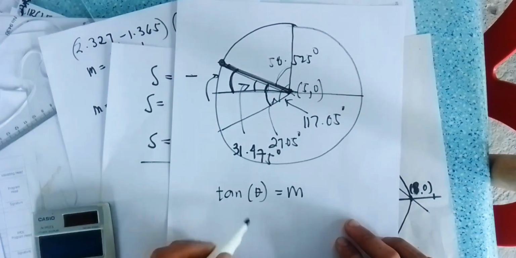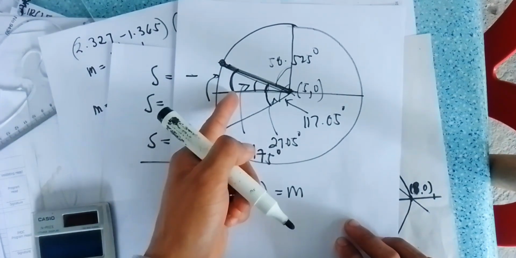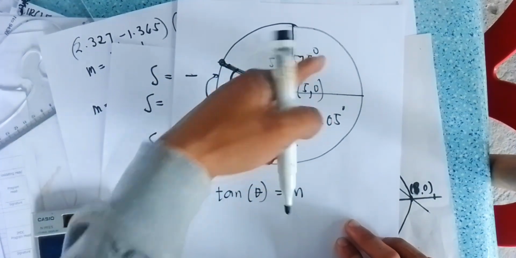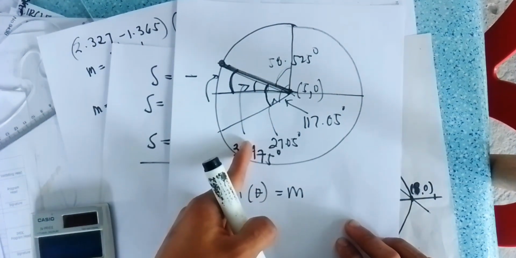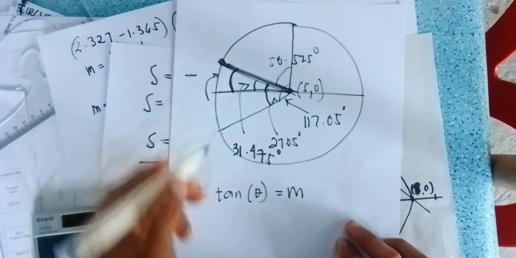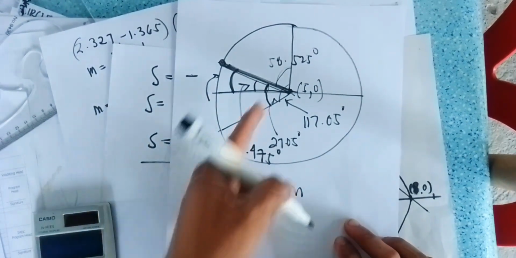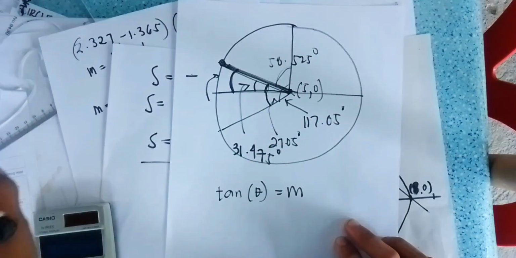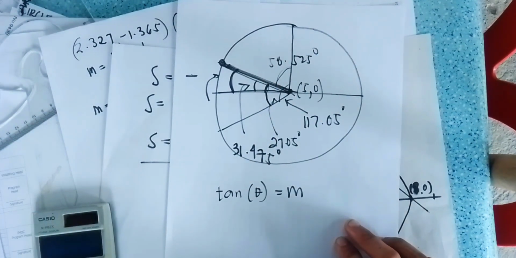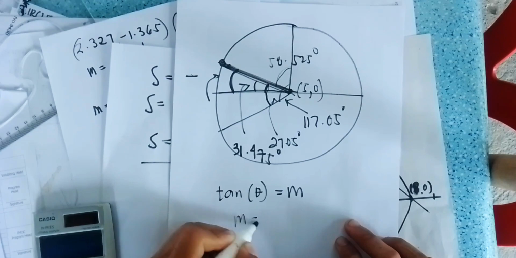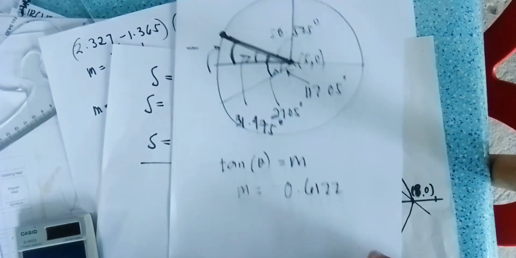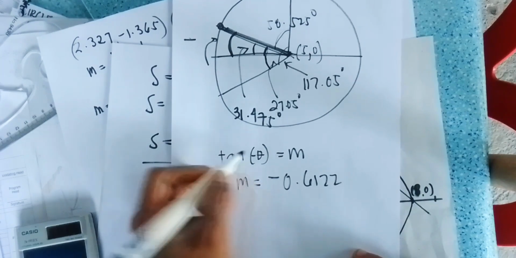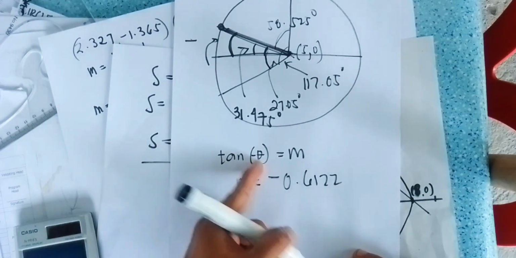Since it goes against the positive direction, theta should be negative. And since your line is leaning to the left, you have a negative slope. So your slope, therefore, is negative 0.6122.